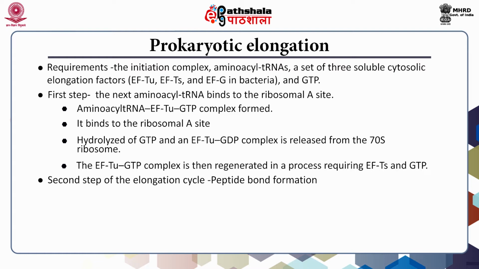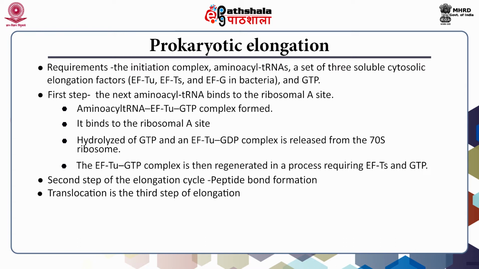This results in formation of a dipeptidyl transfer RNA at the A site of the ribosome and a deacylated transfer RNA at the P site. The reaction is catalyzed by the enzyme peptidyl transferase, which is now known to be catalyzed by the ribosomal 23S rRNA subunit of the ribosomes.